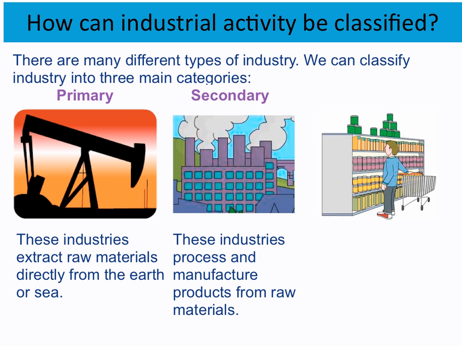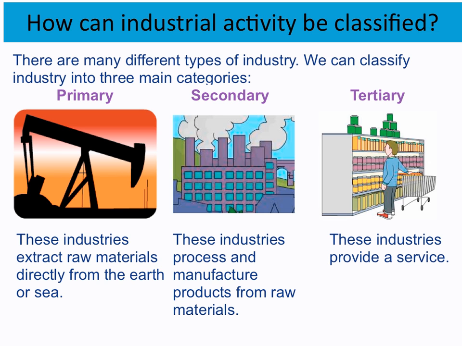Secondary industry involves turning a product from a primary industry into another product via the process of manufacturing, i.e. making textiles, furniture, chemicals, steel or cars.